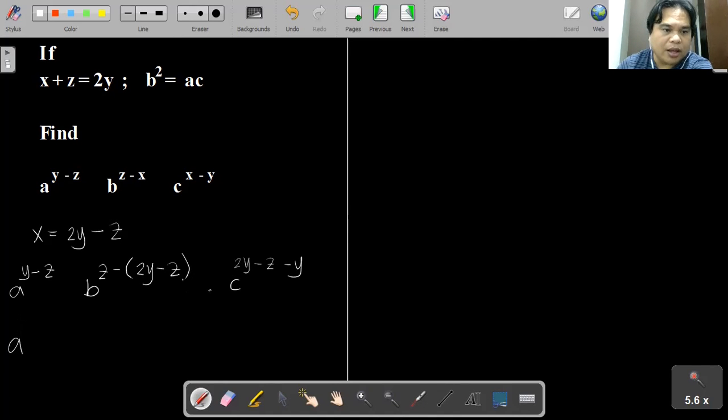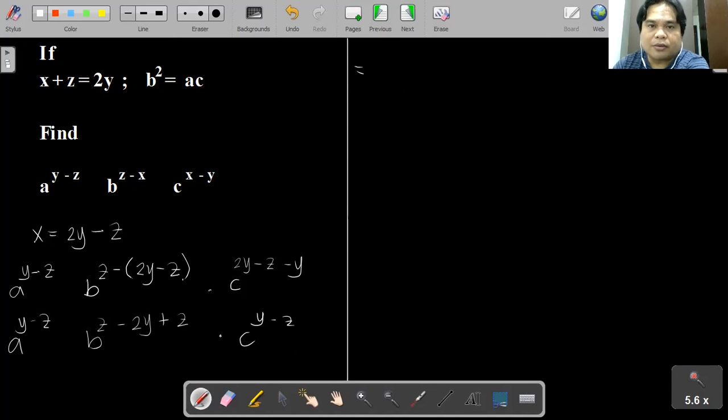So a is to the power of y minus z, and then b, you have z, distribute the negative sign, minus 2y, this becomes plus z, and then times c, evaluate this one, 2y minus y, you have y left, y minus z. Okay, it makes sense so far? Good.